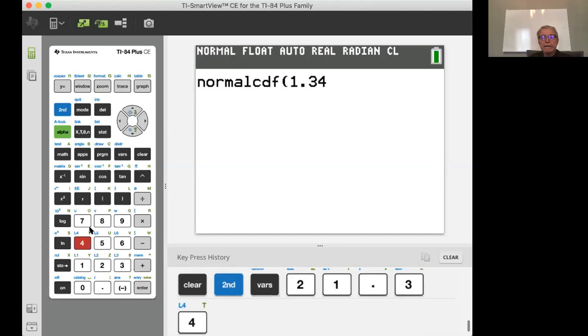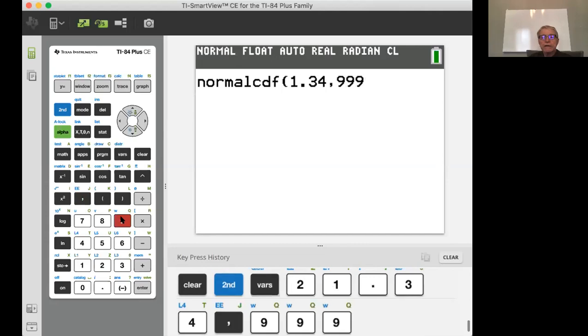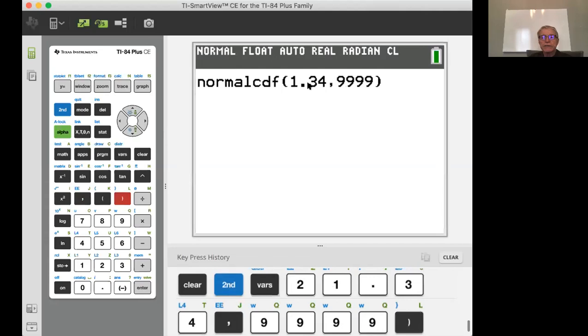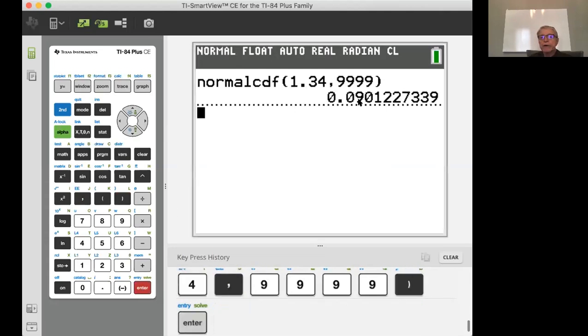Test statistic, and a comma in between, and then a very large number on the right. So those are our boundaries for a right-tailed test. Hit enter, and we get 0.0901. And that is the p-value because it's a one-tailed test.